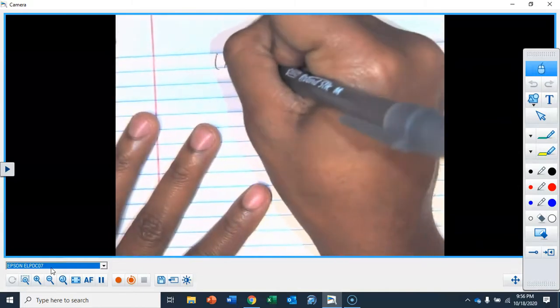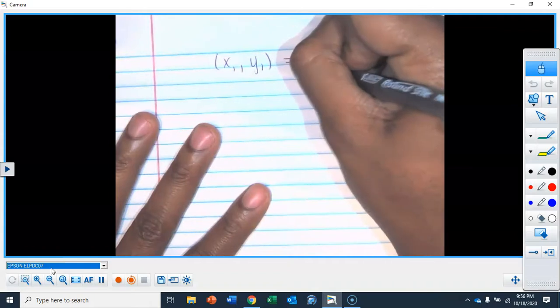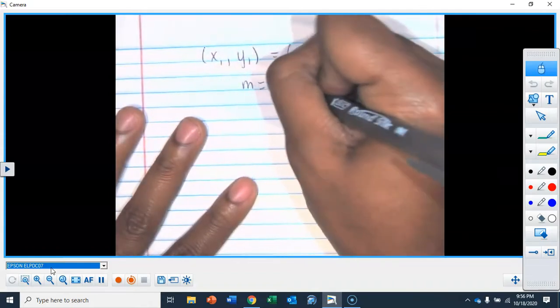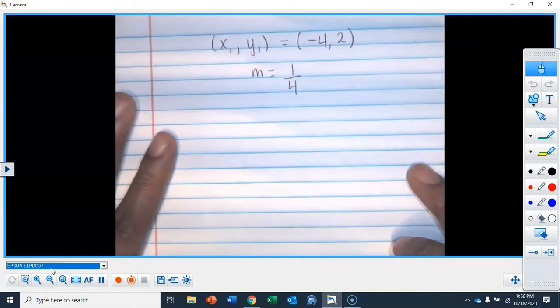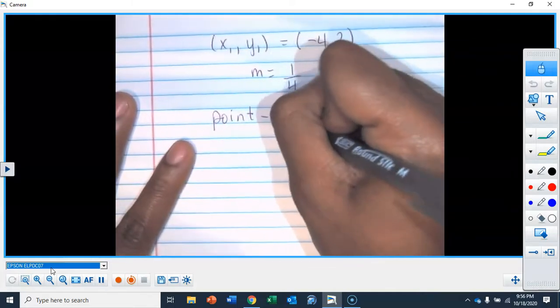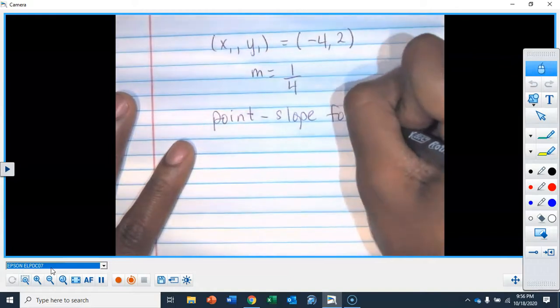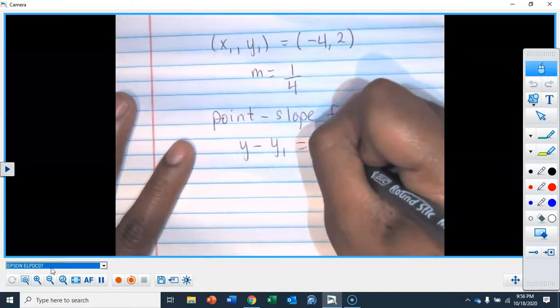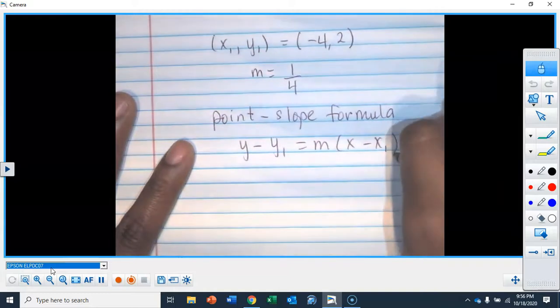So my x1, y1 is negative 4 comma 2. And my m was 1 over 4. So I'm going to use the point slope formula to help me figure out the equation of this line. Okay, here we go. So y minus y1 equals m, x minus x1.